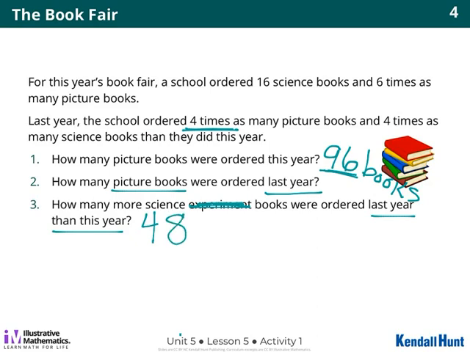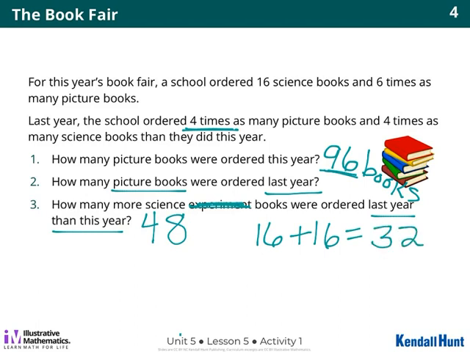I subtracted the 64. Okay, who can tell me how did you get 48? Emma. I did 16 plus 16. You did 16 plus 16? Yes, 16. Yeah, sorry. And then I got 32.